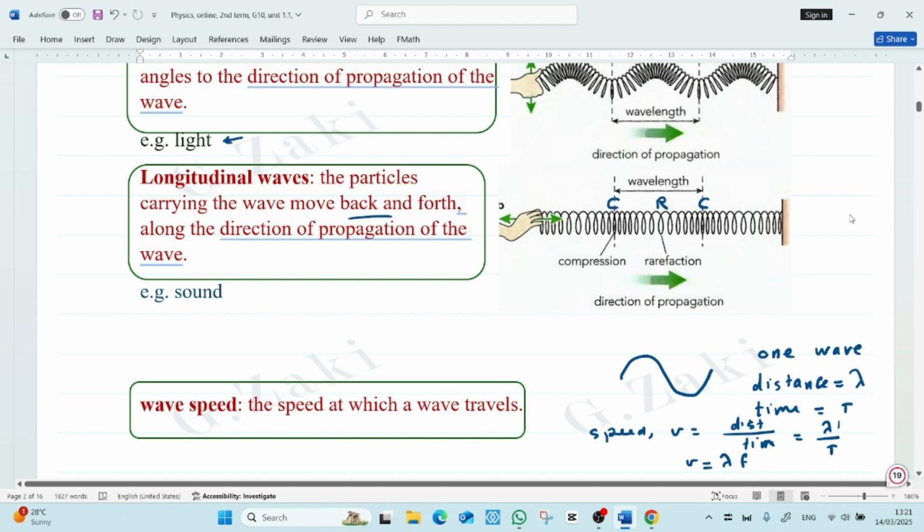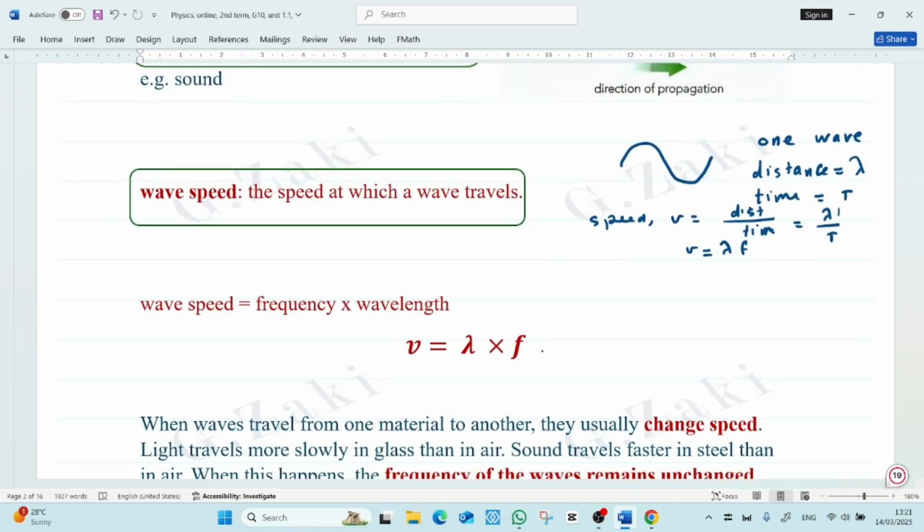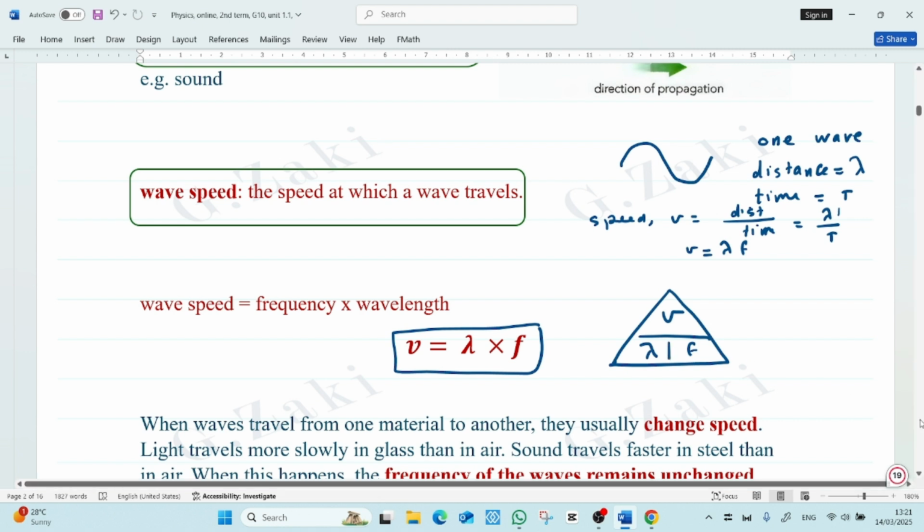The speed is measured in meters per second, lambda in meters, frequency in hertz. Then this is the formula: v equals lambda times f. We can draw a triangle to represent this formula. From this triangle, we can get the frequency or the wavelength.